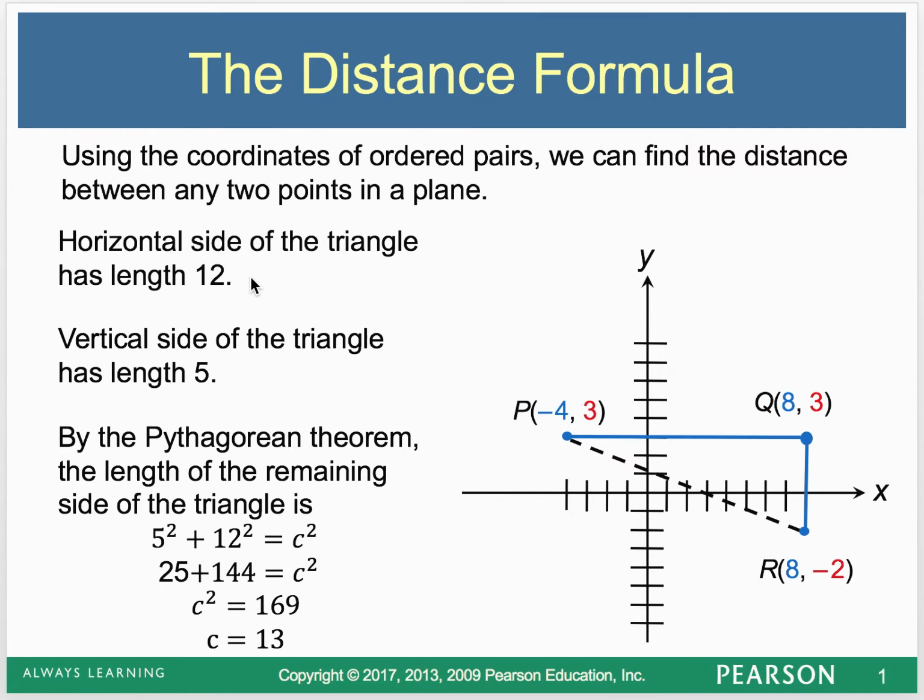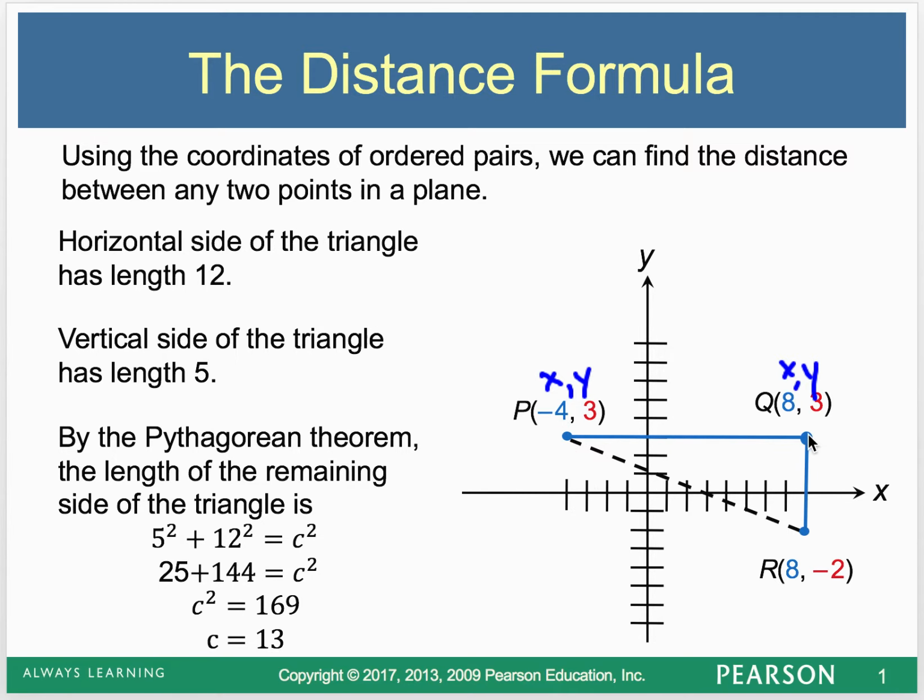Okay, so basically we can see here that it says the horizontal side of the triangle has a length of 12. Well, how did we get the length of 12? First of all, is what we want to know. And so these are our x-coordinates, right? The x and the y. Okay, and so my x-coordinate for this point is -4.